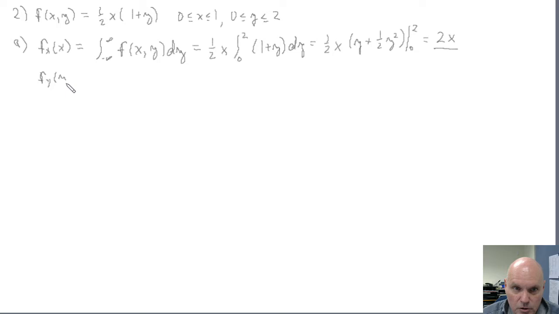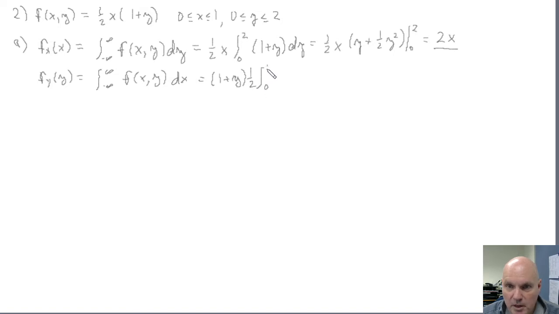Follow a similar procedure for the y marginal. Now we integrate the joint PDF over x. So now I can pull out the term just involving y. Actually, I pull out the 1/2 as well, and reduce my limits. The joint PDF with regard to x is just non-zero for x between 0 and 1, and I'm left with just integrating x.